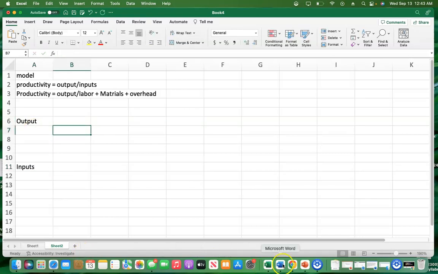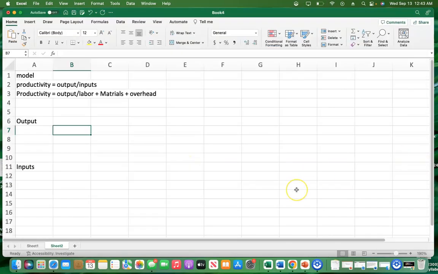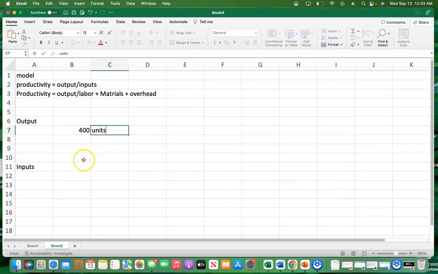If we go back to the question, it says that this group of workers are going to produce 400 units of a product. And so that's our output. So we have 400 units of a product.